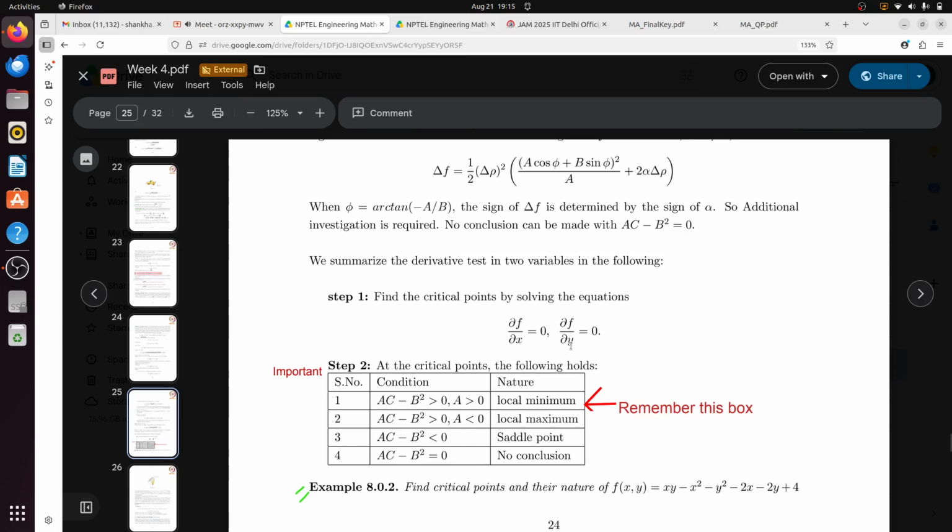So now determine the critical points and their nature of f(x, y) equal to xy minus x square minus y square minus 2x minus 2y plus 4. Find the critical points and their nature.